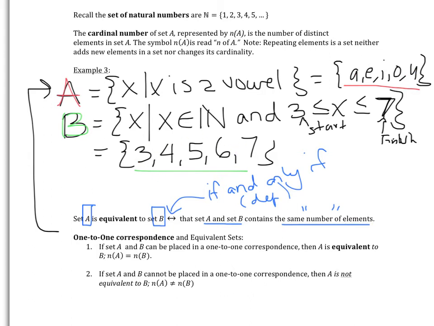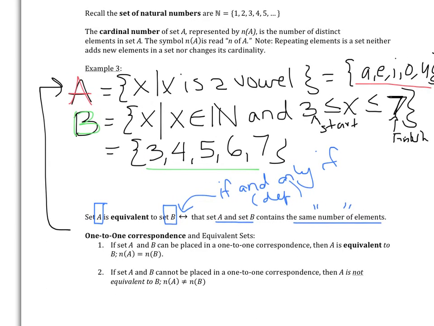Thus, since the cardinality is the same, we say that A and B are equivalent. Not equal, because it's different when we talk about sets, but equivalent. You can count and determine the cardinality. So here, for example, n of A is 5 and n of B is also 5.